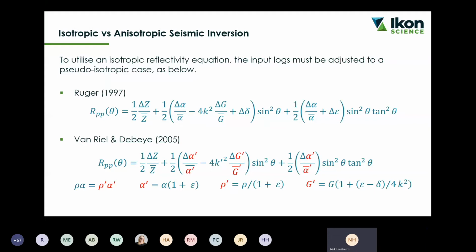So we have an equation we can use in a conventional type inversion, and it will invert back to pseudo isotropic properties, but it will actually explain the seismic response correctly, rather than just assuming it's isotropic and having that mismatch.